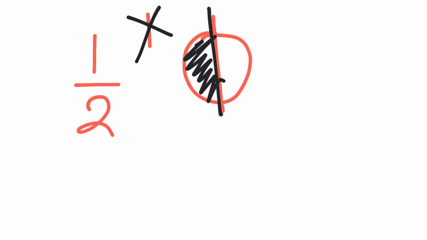What we're doing with a fraction is dividing whatever our item is into different pieces. With 1/2, I am splitting it up into two pieces, as you can see there in my denominator.